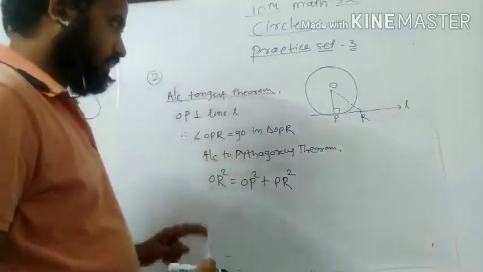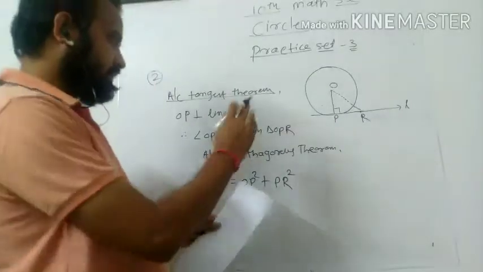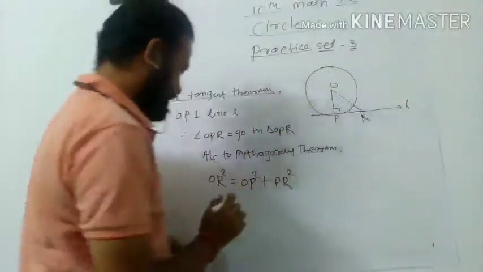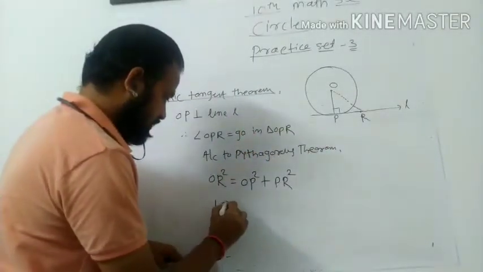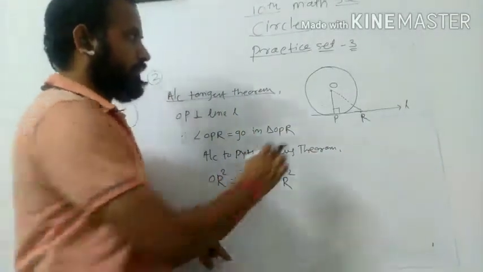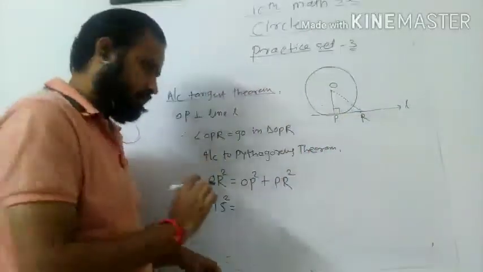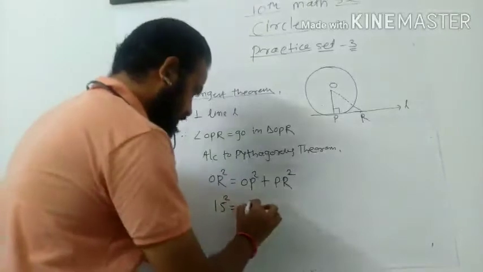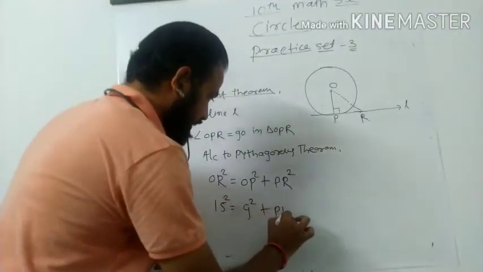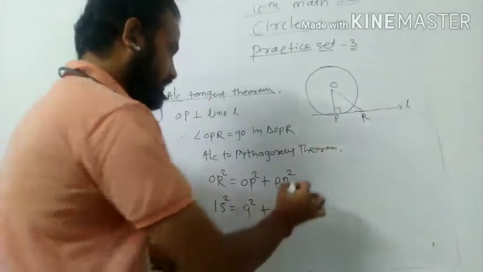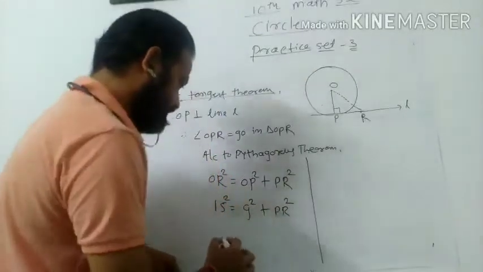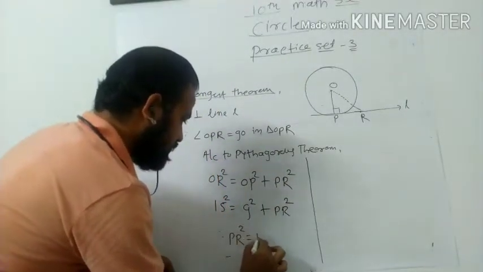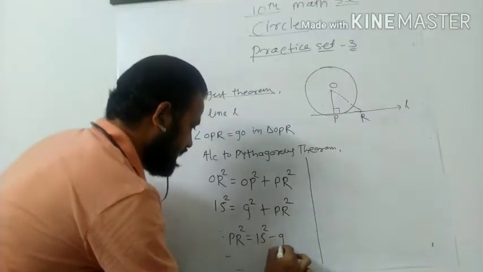Now out of these three, this distance OR is given as 15 centimeter. So I will put this value: 15 square equals OP, which is nothing but the radius, and the radius is given as 9 centimeter. So 9 square plus PR square. If I simplify it, PR square equals 15 square minus 9 square.